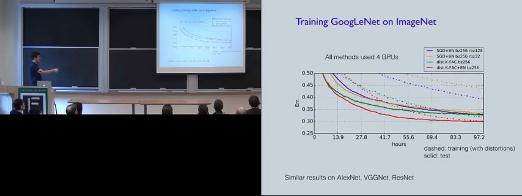Training error is actually higher because we use input transformations, so that adds stochasticity. We have two different parameterizations of the SGD baseline, but if we train using our method, we can do quite a bit faster, about 2.5 times faster in terms of the wall clock time. And we can get similar results with other large convolutional networks.